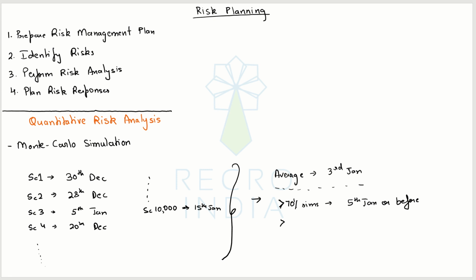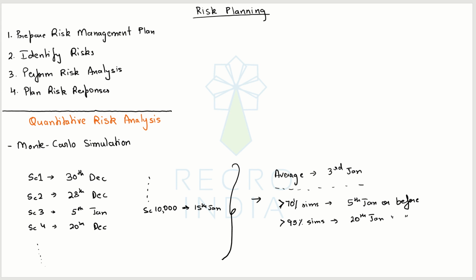We can take it further and see what 95% of the sims are saying. 95% of the simulations revealed that the project end date will be 20th Jan or before. You can keep going in this manner to find out what percentage of simulations revealed what end date. And this gives us a pretty good, confident estimate of when the project can realistically be finished.